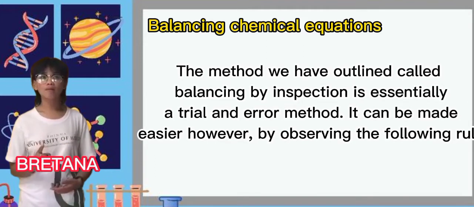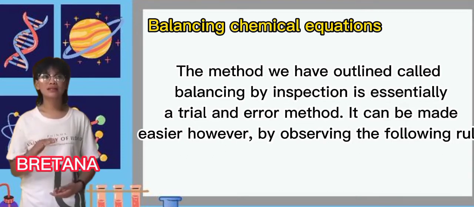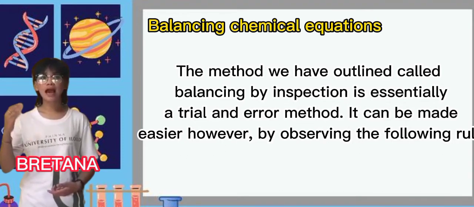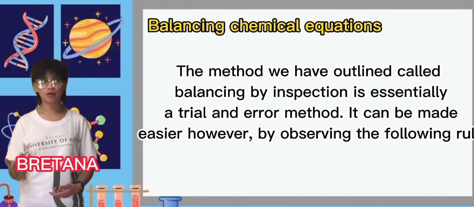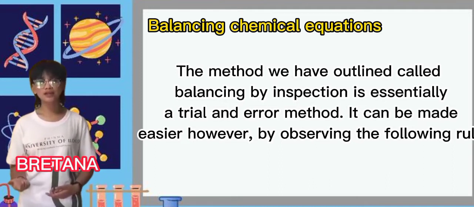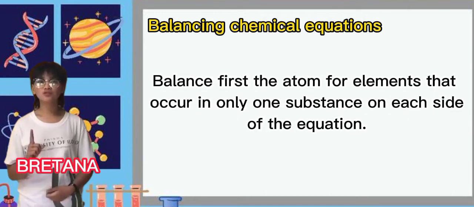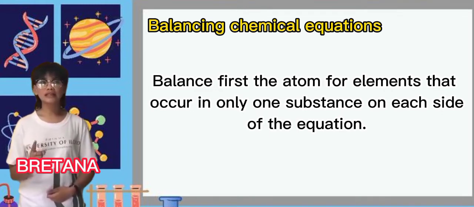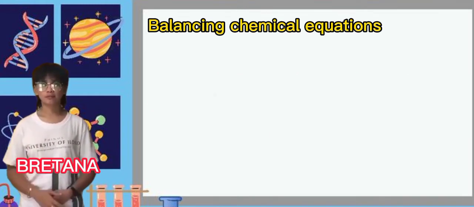The method we have outlined, called balancing by inspection, is essentially a trial and error method. It can be made easier, however, by observing the following rule. Balance first the atoms for elements that occur in only one substance on each side of the equation.